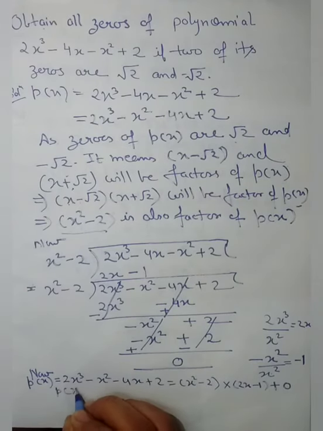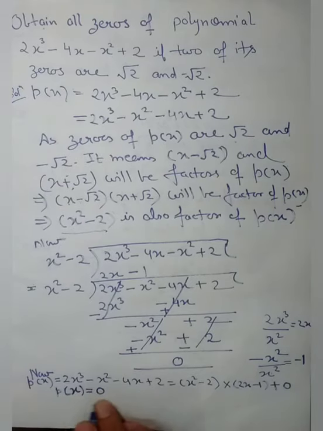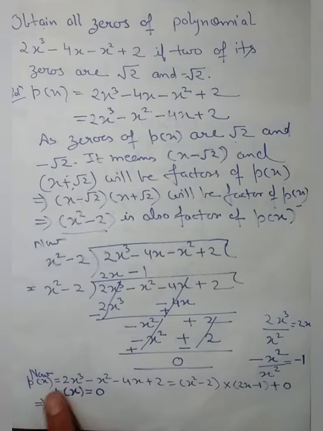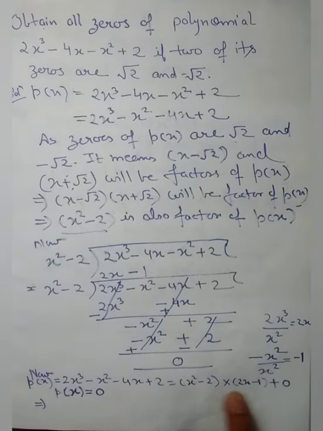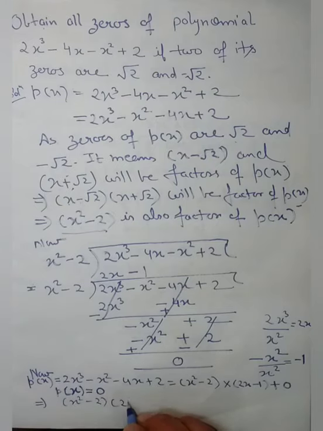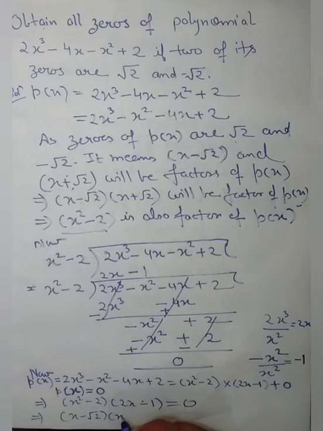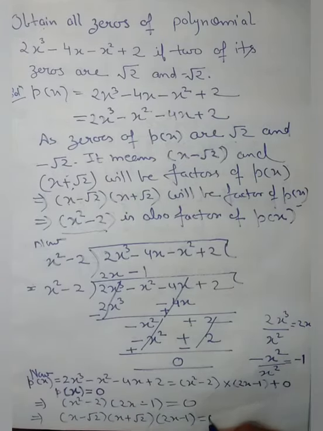As we know, zeros are those values of the variable which make the complete polynomial equal to 0. And if p(x) is equal to x square minus 2 multiplied by 2x minus 1, its value will be equal to 0. Now x square minus 2 we can write as x minus root 2, x plus root 2, and 2x minus 1 is equal to 0.